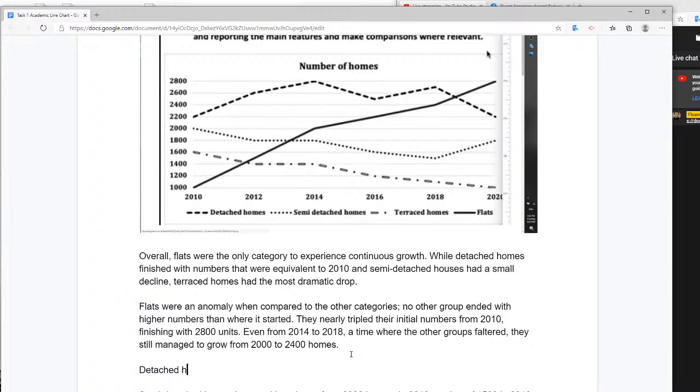So detached homes. The only other section that grew from 2010 to 2014, starting with 2200 and ending that period with 2800.